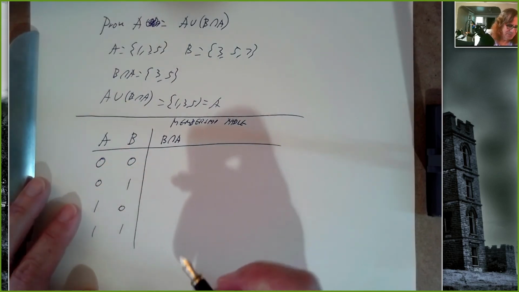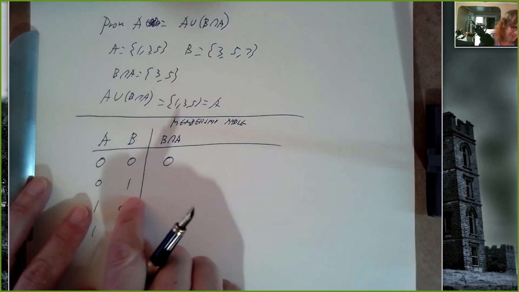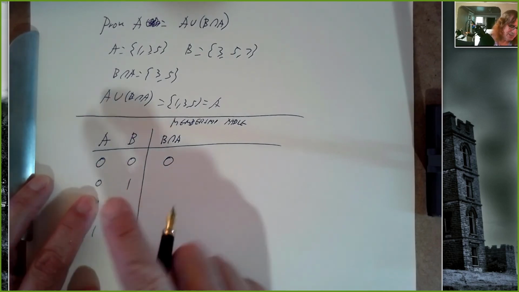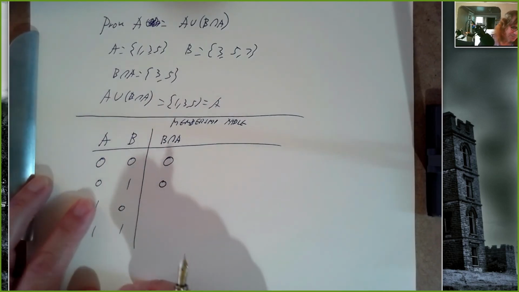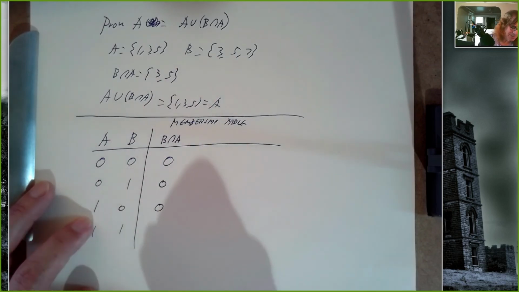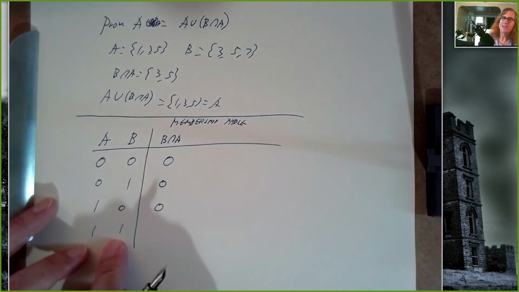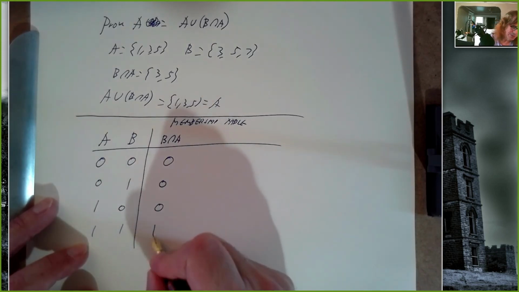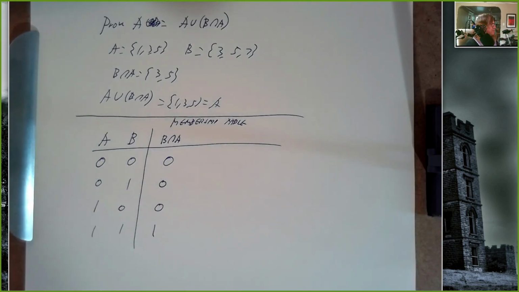Absolutely not. And if it's in B but not in A, it's also not in the intersection. And if it's in A but it's not in B, it's not in the intersection. But if it's in both A and B, it is in the intersection. So there's a membership table for the intersection operation.